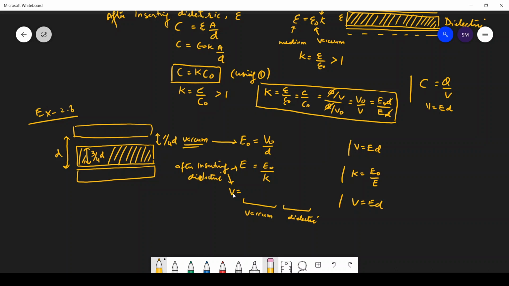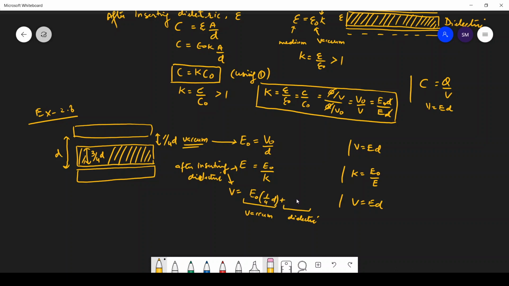So the potential difference due to vacuum will be, for the vacuum, E naught into the distance, which is 1 by 4 D, right?